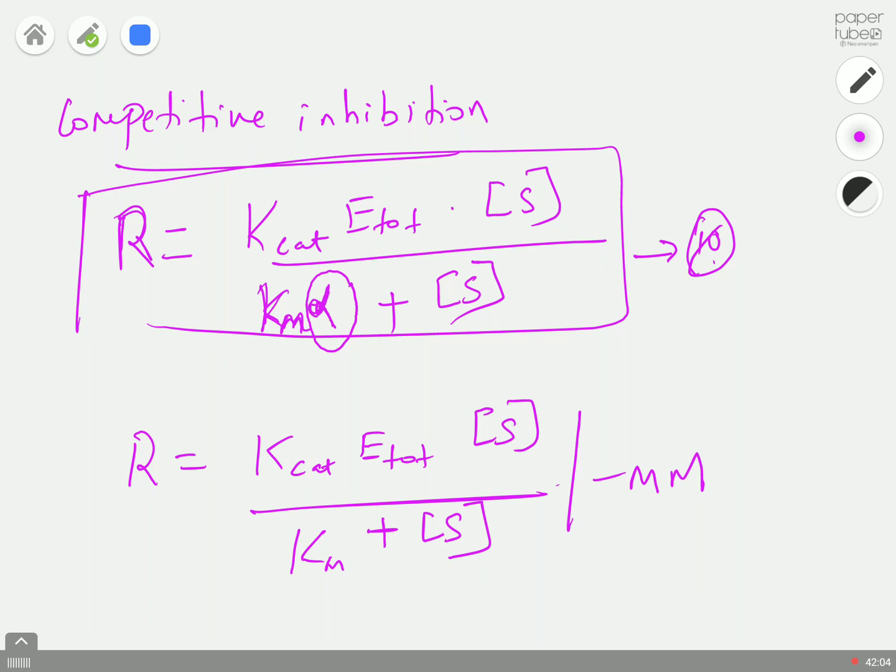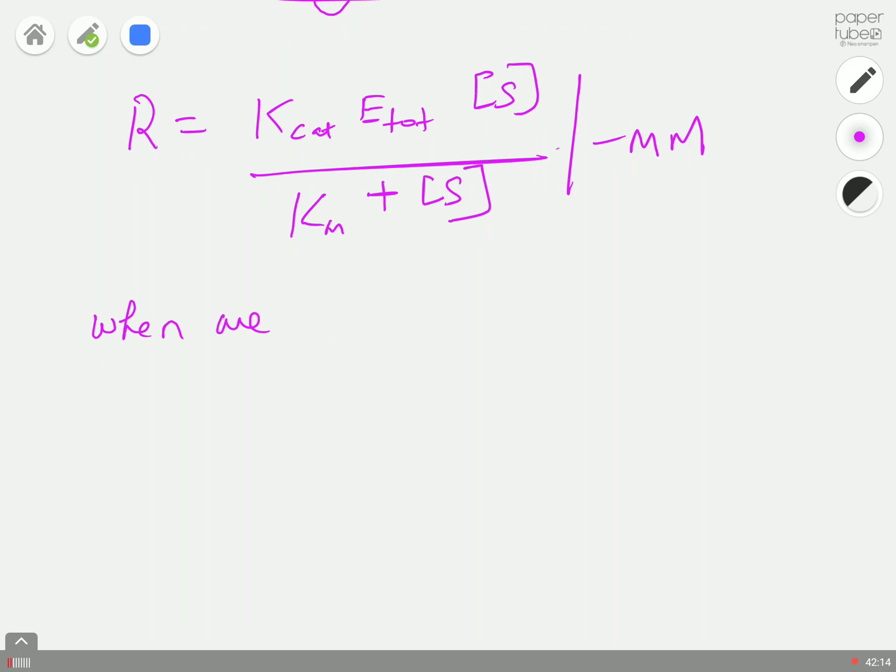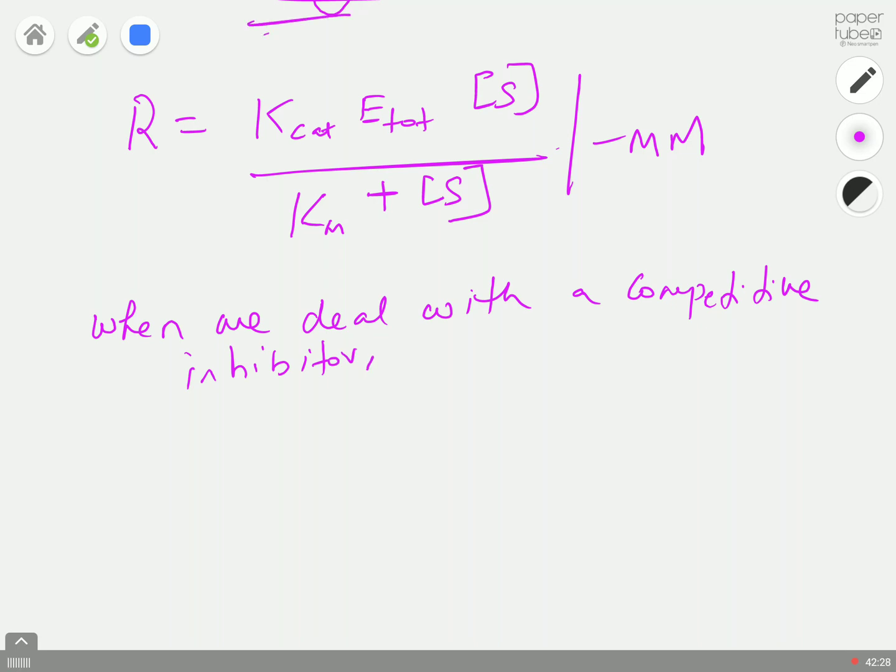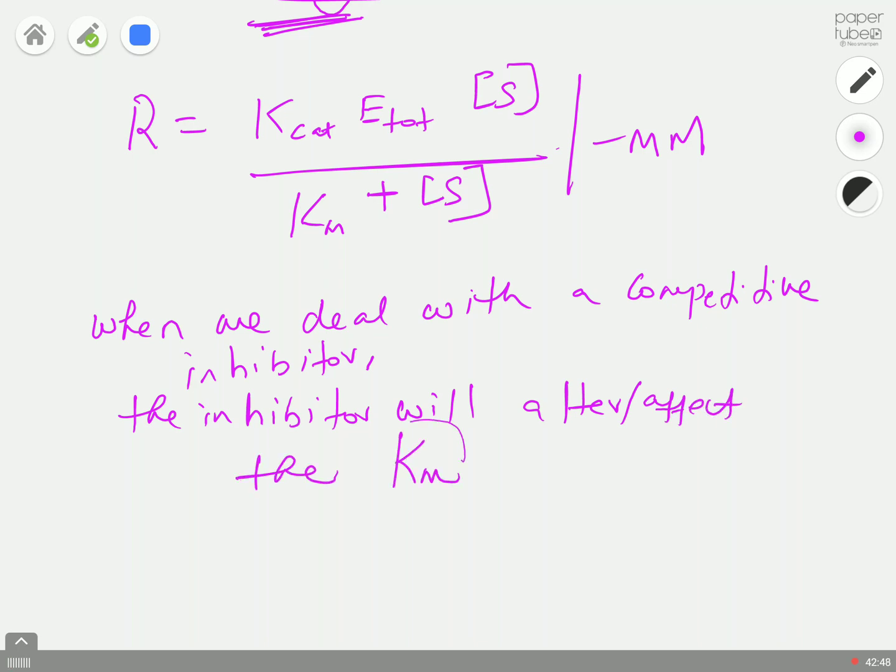Which means just by looking at the mathematical expression, one thing you can understand is, when we deal with a competitive inhibitor or inhibition process, the inhibitor will alter or affect the kinetic constant Km in the Michaelis-Menten expression.